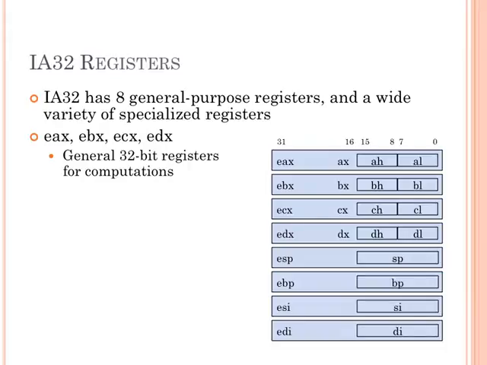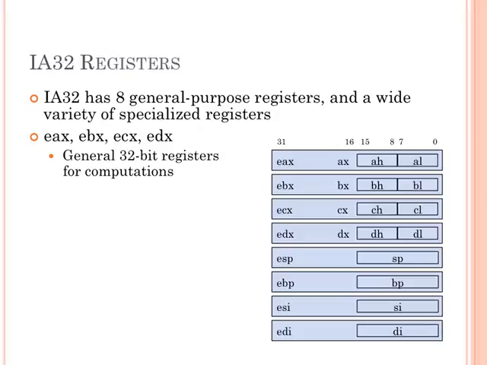But you can also access the low 16 bits of that 32-bit register with the name AX, because that was what was on 16-bit processors. And then within AX, you could access the high byte of AX using the name AH, and the low byte of AX using AL. So if you modify AL, then you will see that change when you look at EAX. They're all part of the same 32 bits here.